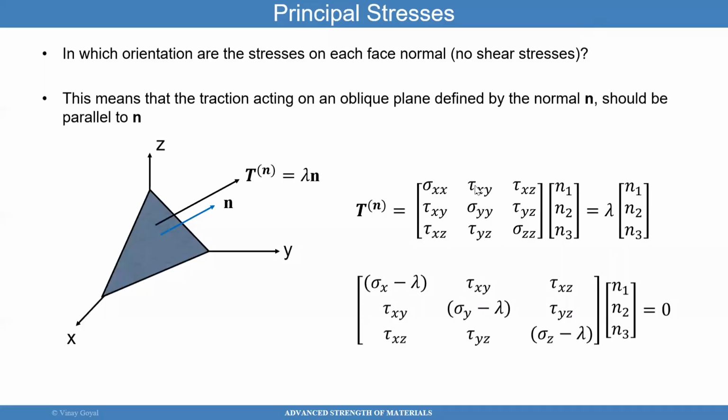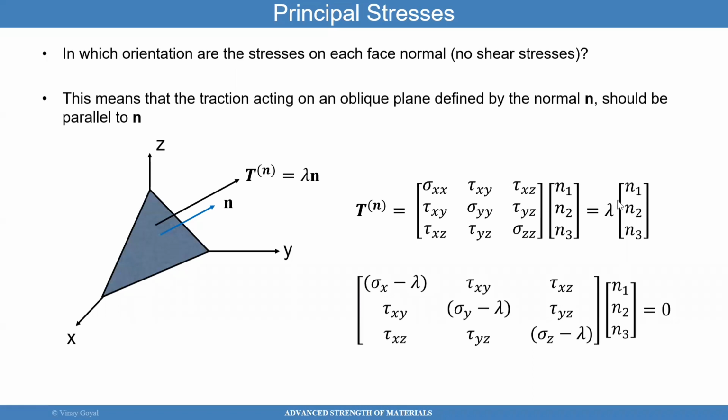So we've demonstrated that the stress field, or the second order stress tensor, times the normal to the oblique surface is equal to this traction here. And that traction has to be aligned with the normal too, because we said that it was aligned. And we're trying to figure out what oblique surface makes that happen. So you have a lambda there.